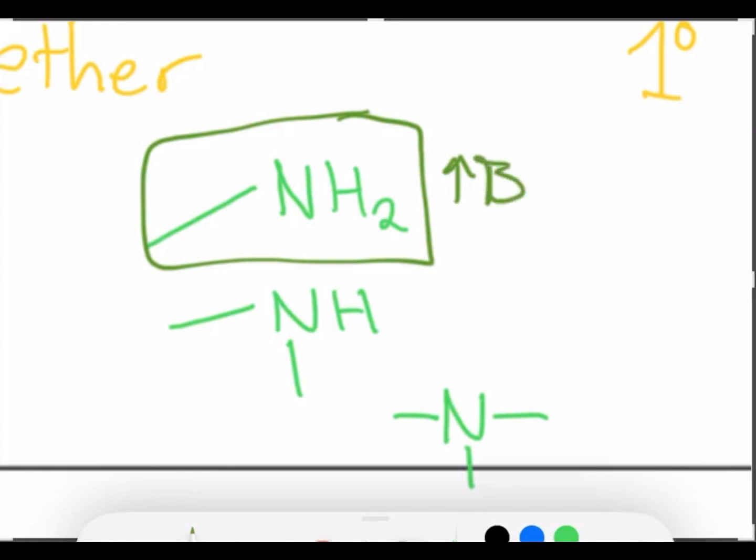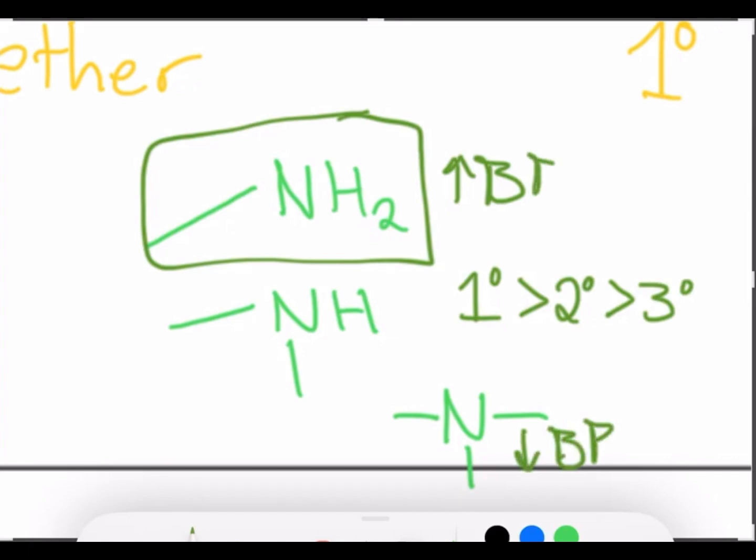And the order for boiling points goes first degree, second degree, and then third degree. So the one on the right has the lowest boiling point, and I forgot the P over here.